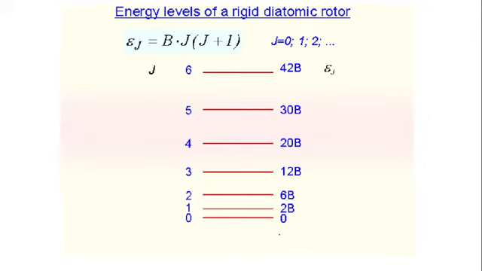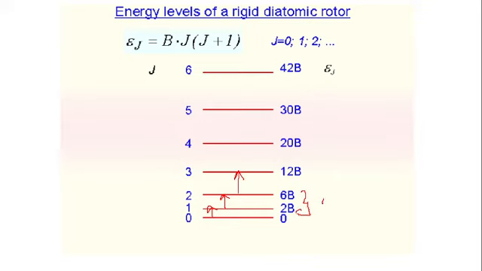Whenever we excite from 0 to 1, the value is 2B. From the first excitation to the second, the value is 6B. From J value 2 to 3, the difference is 12B.